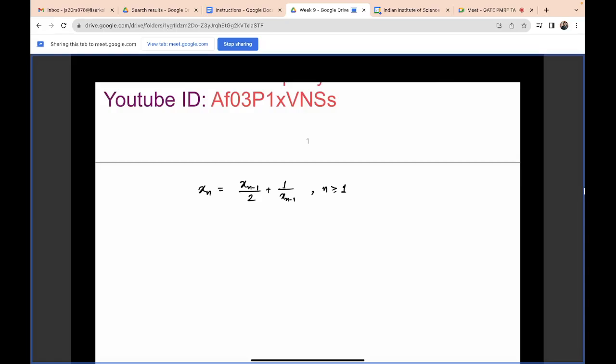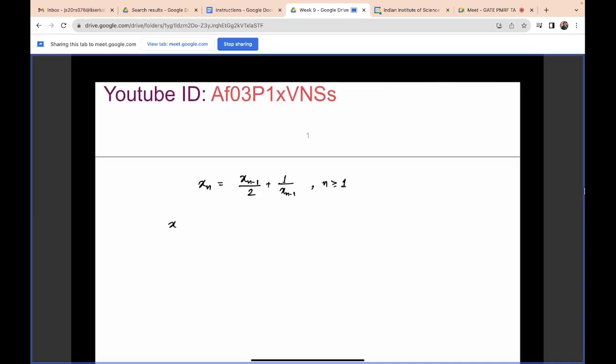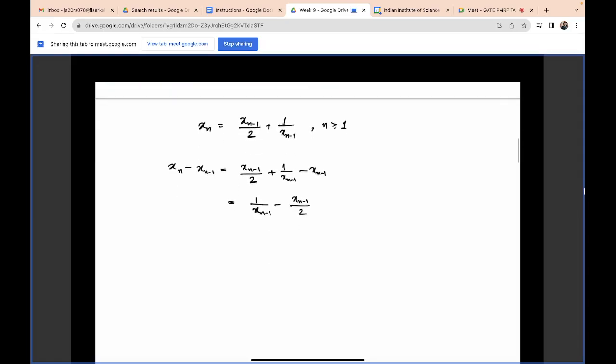Right, so let's check first. For that we need to check x_n minus x_{n-1}. So basically put the values. This will be x_{n-1}/2 + 1/x_{n-1} minus x_{n-1}. Then it will become 1/x_{n-1} minus x_{n-1}/2.